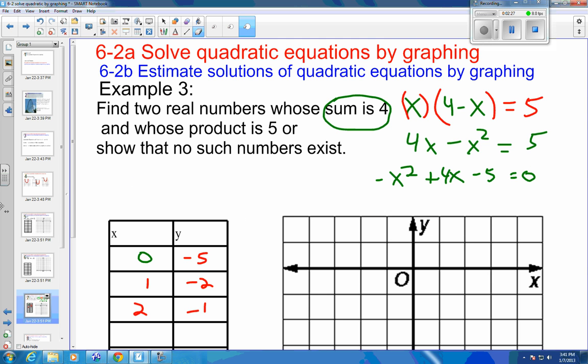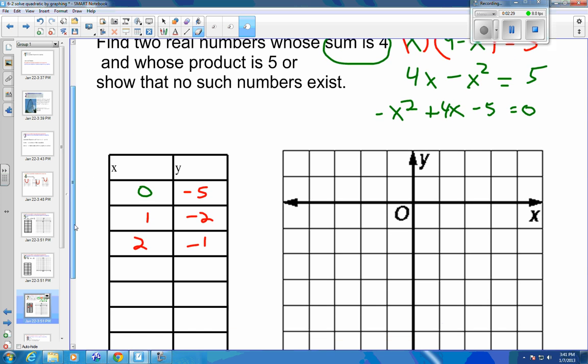And it is a maximum in this case because it is facing down, remember, because it's got the negative on the front. Let's try the next number. So we'll try a 3 here. So negative 9, and 3 times 4 is 12, and then negative 5. So this is going to be negative 14 plus 12 is going to be a negative 2 again.